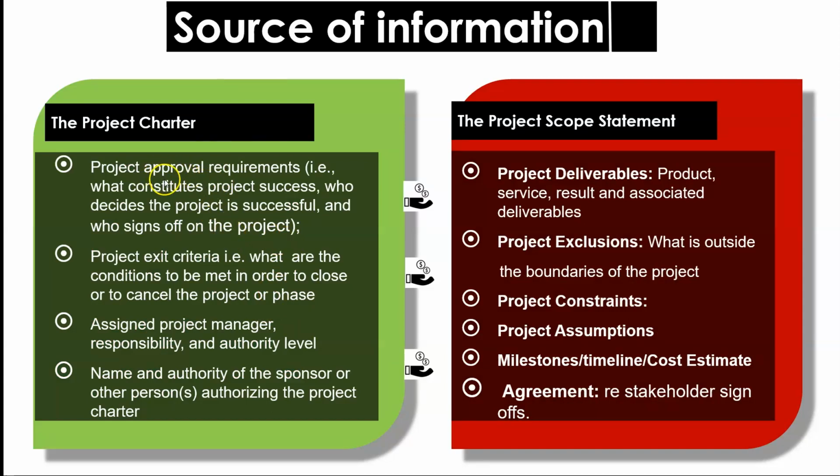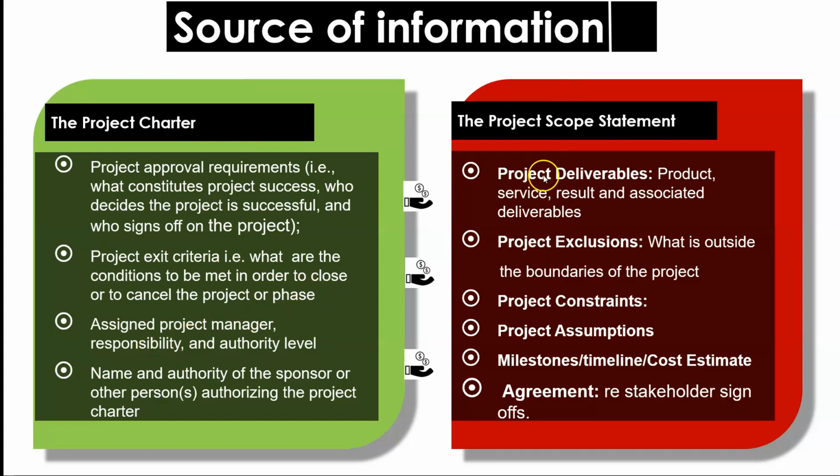For instance, project approval requirements, what constitutes project success, who decides the project is successful and who signs off. You're going to get some information there. Exit criteria, as we close the project, what conditions have to be met. Project ends in operations. So what do we need to do to be sure that the operations people can carry out the operations once the project has ended?